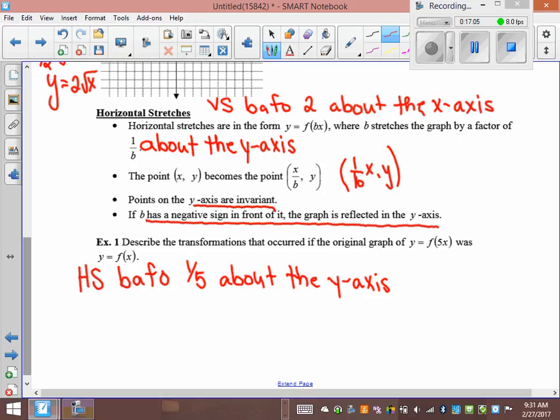So remember, if it's with the variable, you flip it. You flip the sign when it was a translation. You flip the actual fraction when it's a stretch. So horizontal stretches always flip because you can't move it away from the x ever.